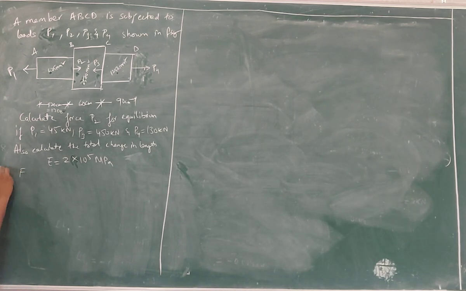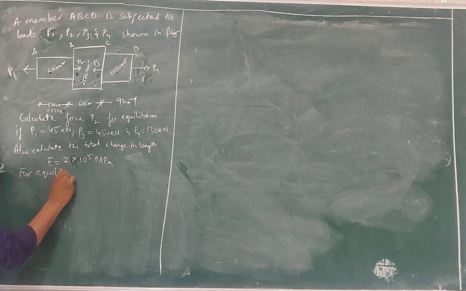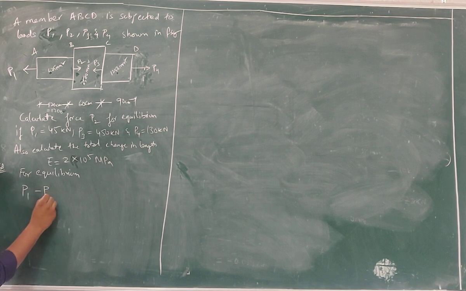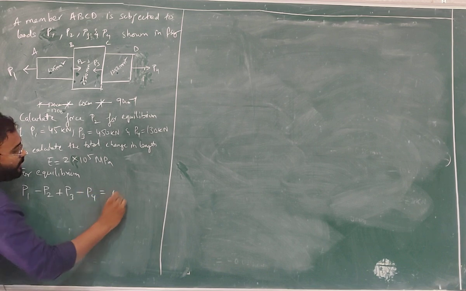For equilibrium, all these forces should be equal to 0. If I add all the forces, it should be 0. So this is tensile force, minus P1 minus P2 plus P3 minus P4 is equal to 0.